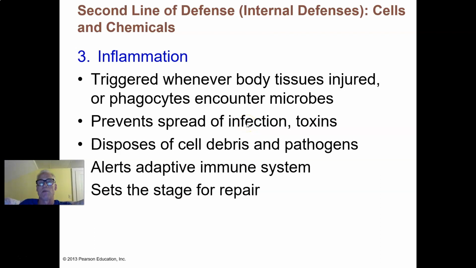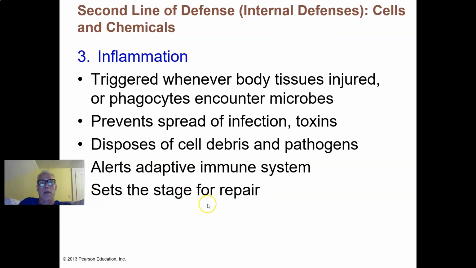We're going to swell that place right up and stuff's not going to be able to move around. We have macrophages that are going to be activated and phagocytizing everything in sight, all the debris and all the microorganisms, neutrophils are going to come in. All kinds of good stuff's going to happen as a result of inflammation. We're also going to activate the adaptive immune system. So that's an important component of inflammation.